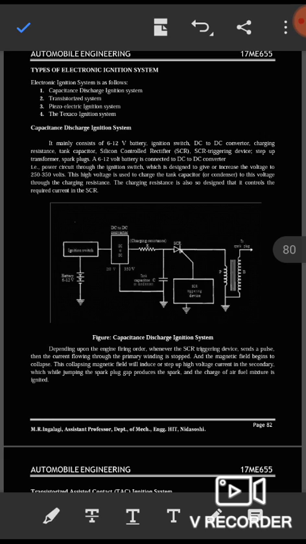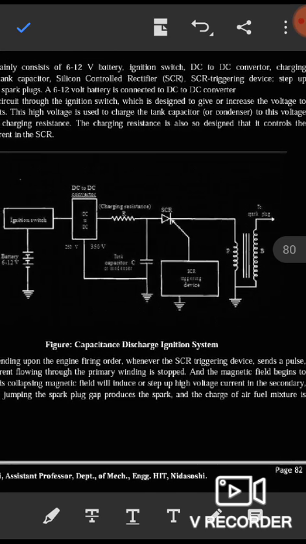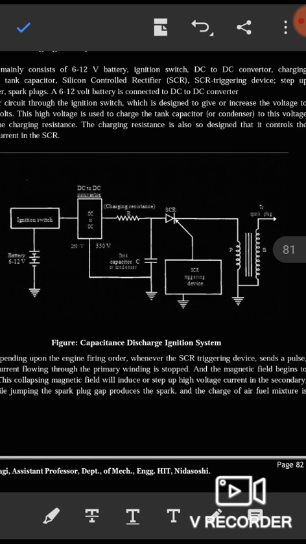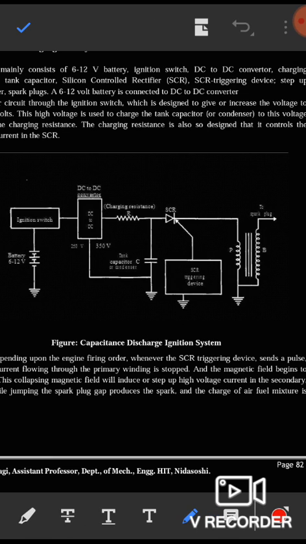For the capacitance discharge ignition system, we have a diagram. Now what are the essential parts required for this particular ignition system? We will see. One is the ignition switch. The battery is very important. Then the AC to DC converter and the charging resistance.